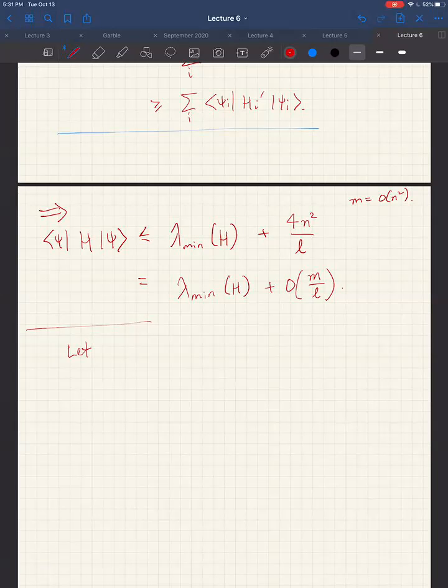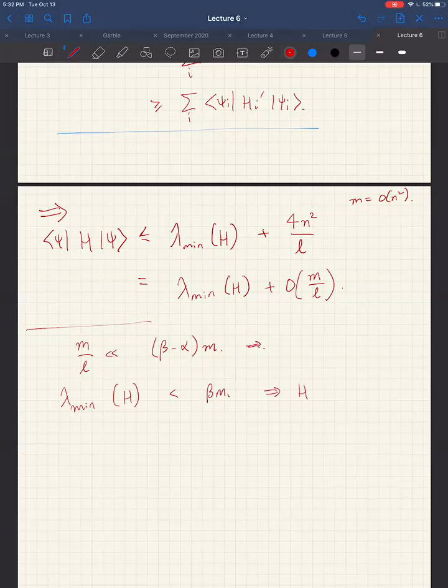Okay, so coming back to why this is a no-go result for quantum PCP. The point is that here's a state for H that only has m over L extra energy above the ground energy, and it has a very succinct classical description. And if m over L is much, much smaller than the difference beta minus alpha times m, then technically we're in the yes case, because the ground energy of this local Hamiltonian is much smaller than beta times m.